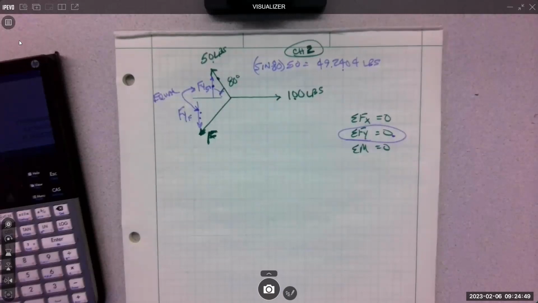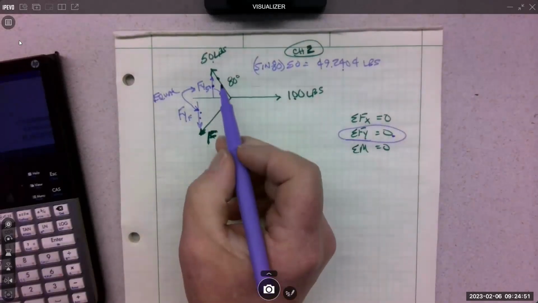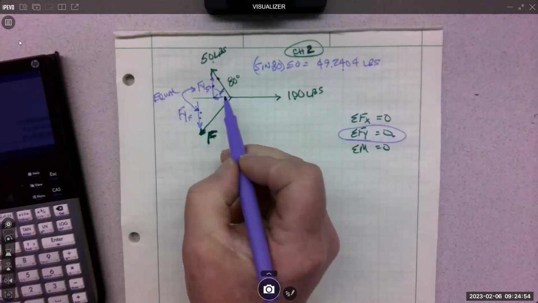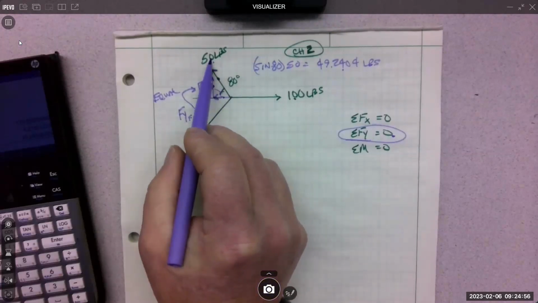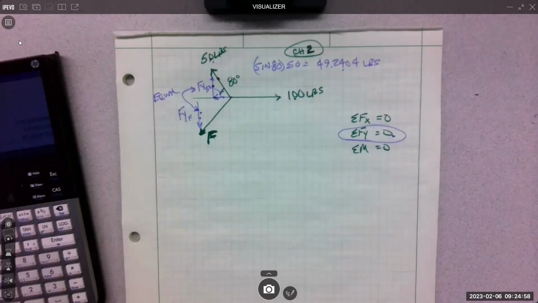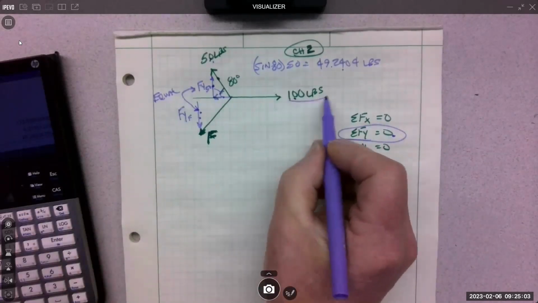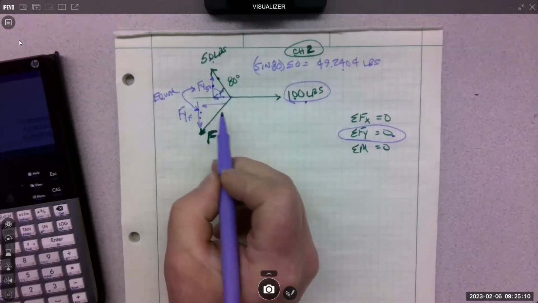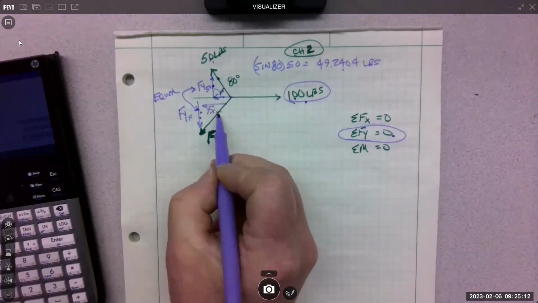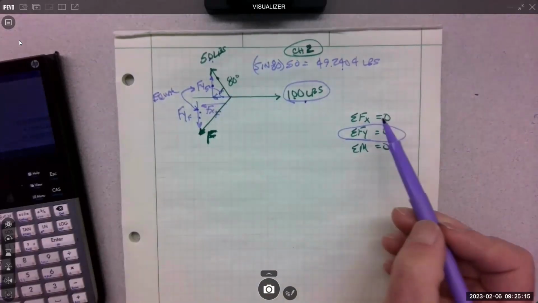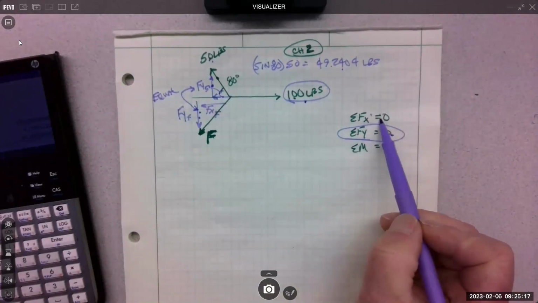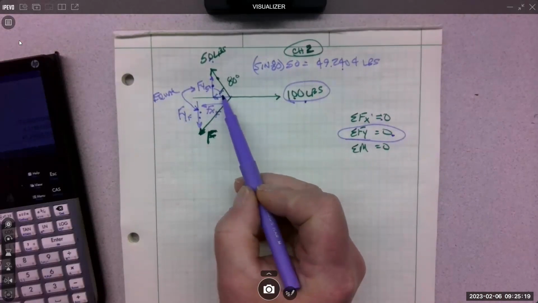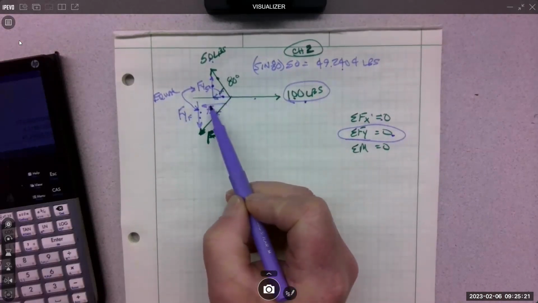Same thing in the X. I have X effect from the 50, and what other X force? The 100 is all in the X, correct? And then this, Fx of F. In order for this to be equal to 0, that plus that plus that have to be equal to 0.